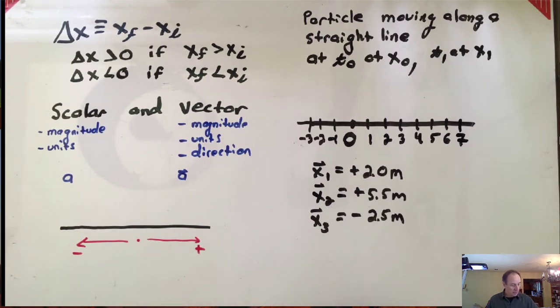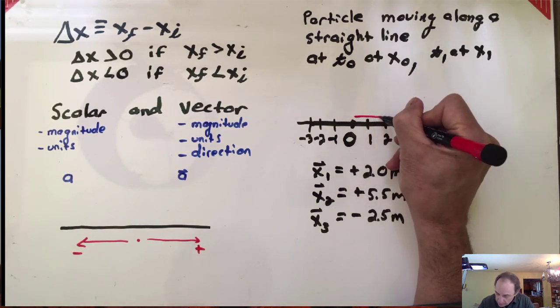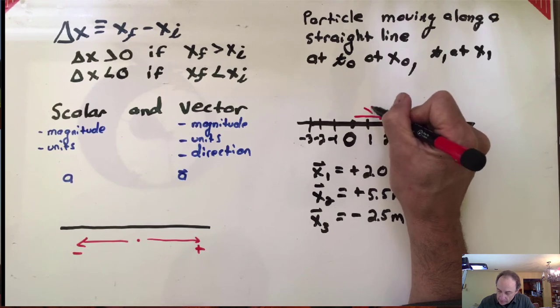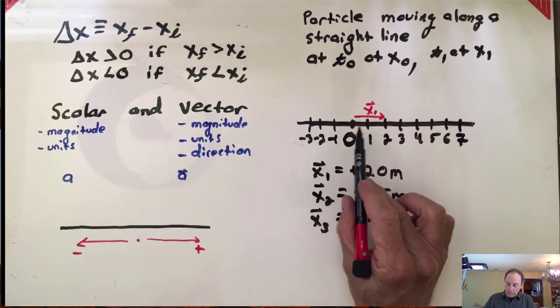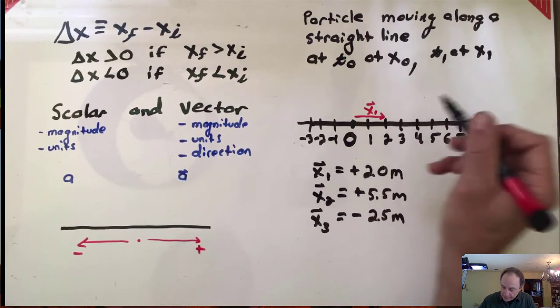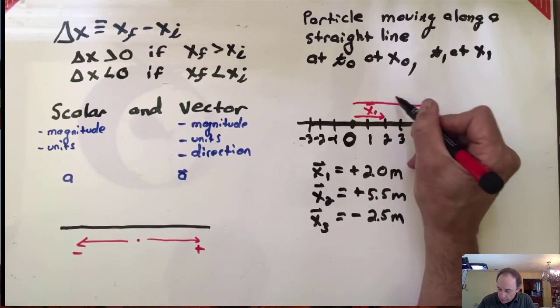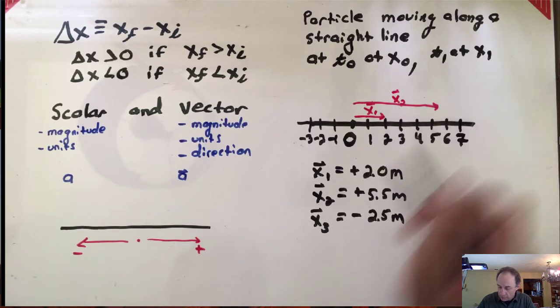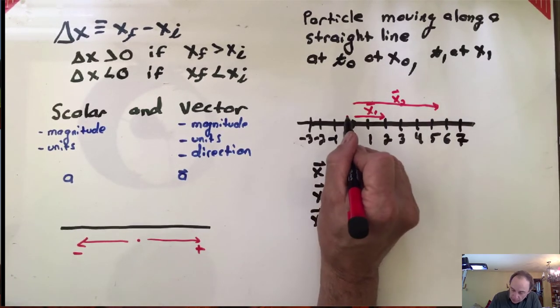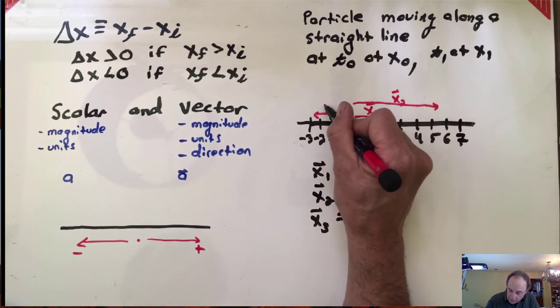Okay, so to represent these vectors, this is x1. It starts at the origin and goes 2 meters in the positive direction. x2 starts at the origin and goes 5.5 meters. x3 starts at the origin and goes 2.5 meters in the negative direction.